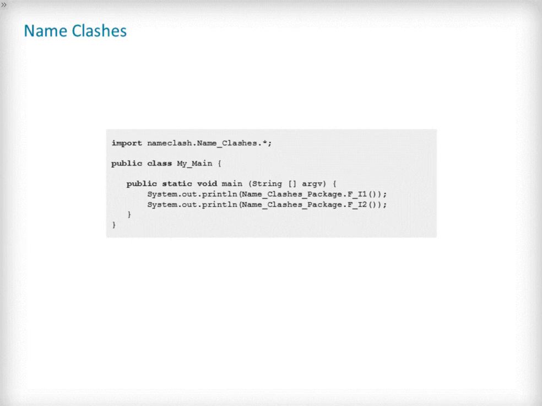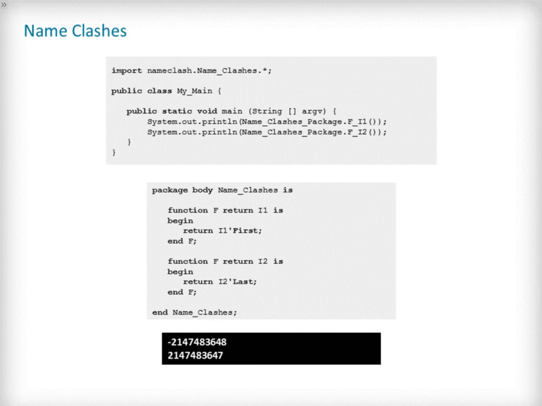This then allows us to use the two functions f from a Java main program as follows, but the Java code must reference them using their renamed identifiers, in this case f_i1 and f_i2. This program, if built alongside the Ada package body shown here, would result in the output at the bottom of the slide.